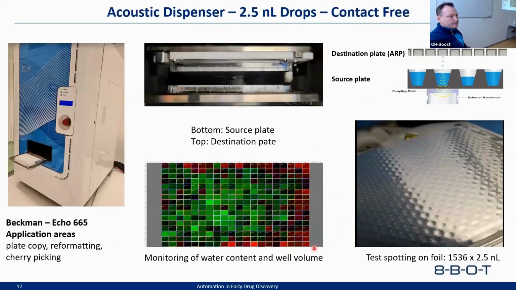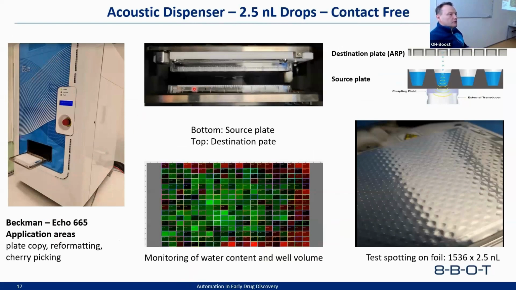This is an acoustic dispenser, what I talked about before. At the moment, there's just one company who owns the technology because they bought all the companies linked to the technology. At the moment, it's owned by Beckman. This is an Echo, so the device is called Echo, and it costs about €500,000.